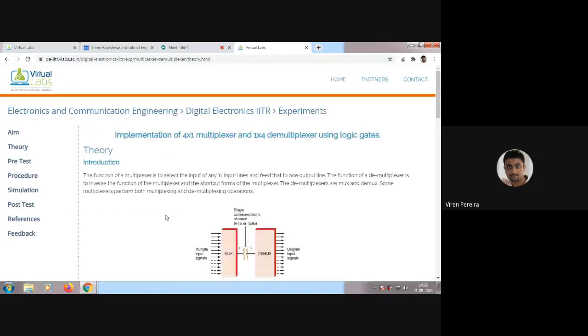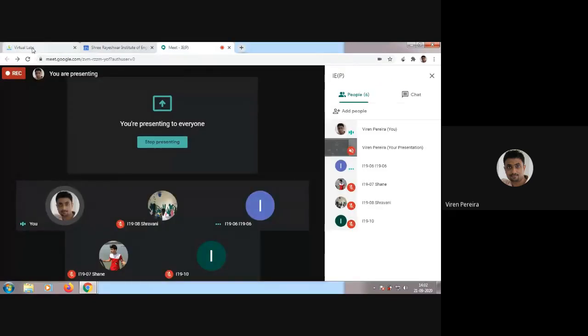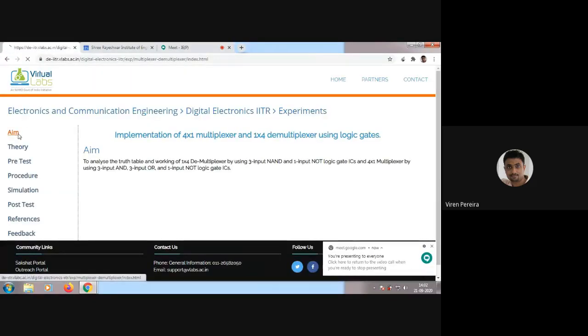So here is the experiment we have to deal with. This is the aim: to analyze the truth table and working of a multiplexer and a demultiplexer.